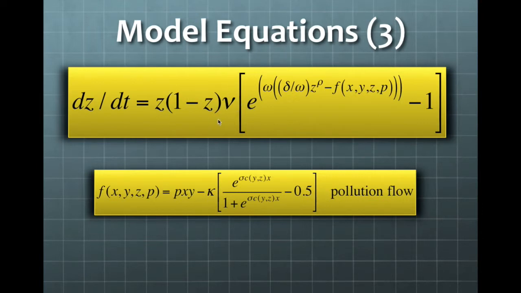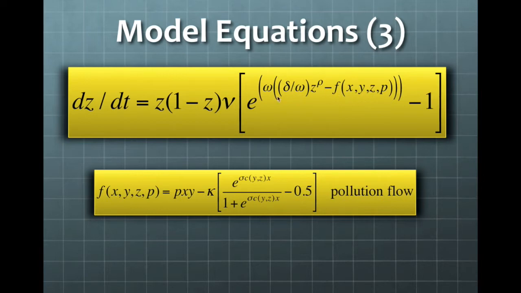This rate of change of natural capital is multiplied by a pretty convoluted function here. It's the difference of an exponential and 1, so it's always positive in this case. Actually, I shouldn't say that, that's not true.